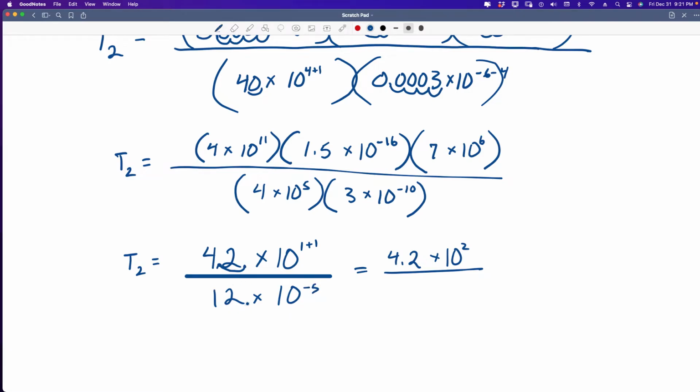Same thing, we're going to move this over. So that's 1.2, and then we're going to add 1. So 1.2 times 10 to the negative 4.